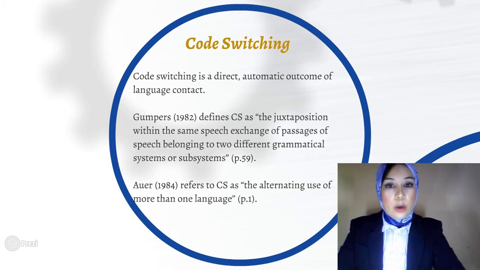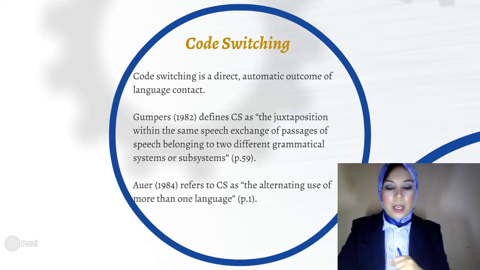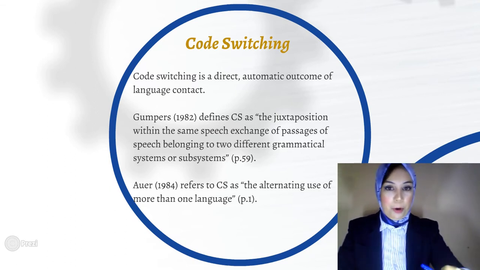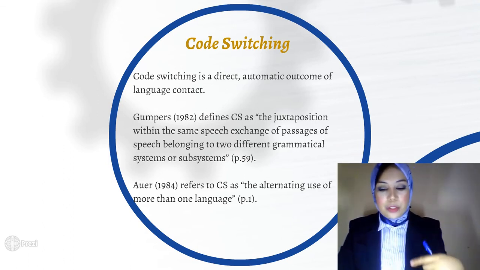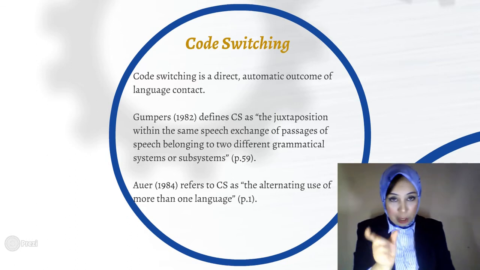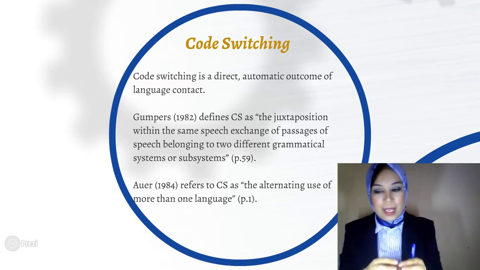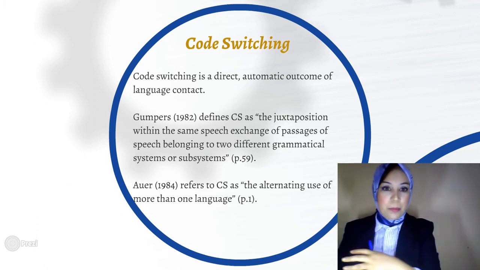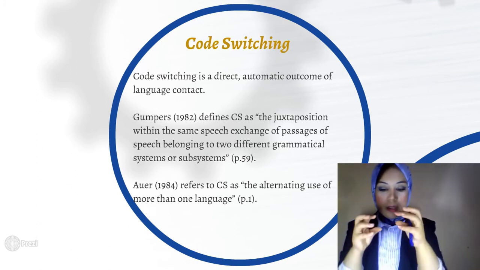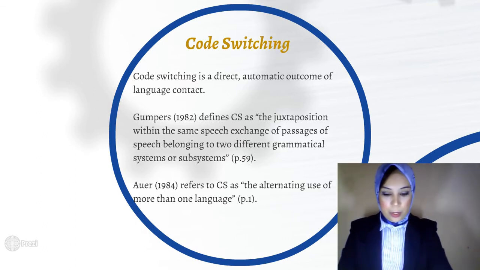Gumperz defines code switching, by the way, you can follow those definitions in the documents given on the platform, as the juxtaposition. The term juxtaposition in the dictionary refers to two things being placed one close to the other, as if the items are in a neighborhood. So we put something close to the other, and those things in our domain are the codes or the languages.